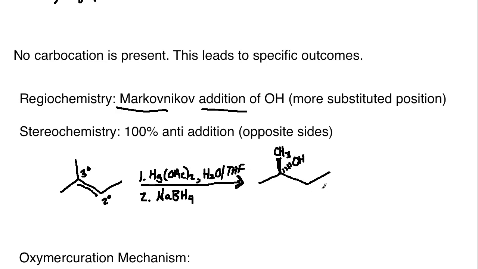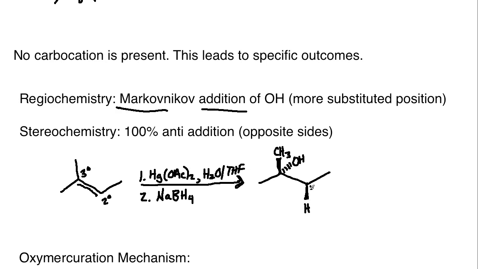Okay, so then as a corresponding result, that means that I would have on the opposite carbon, or the opposite side, that hydrogen after the NaBH4 is used. So this was originally the position of the organomercury intermediate, and it is now just the hydrogen here.